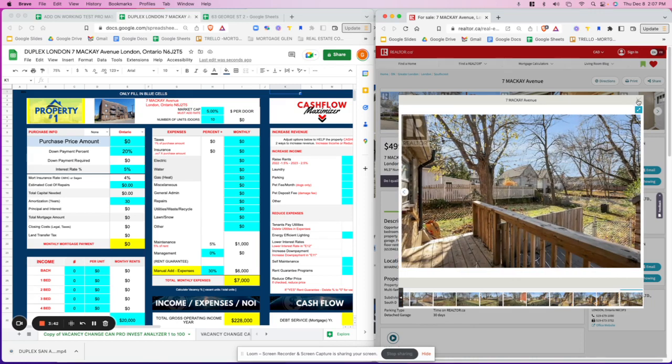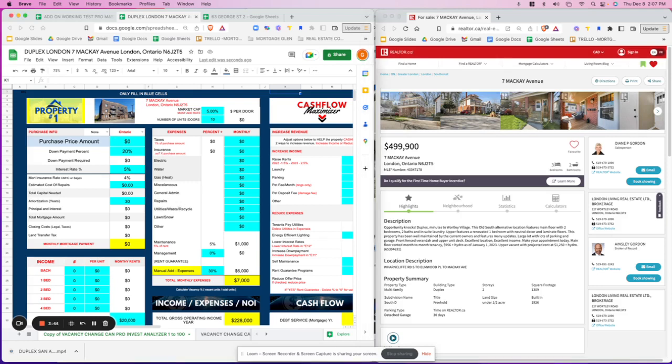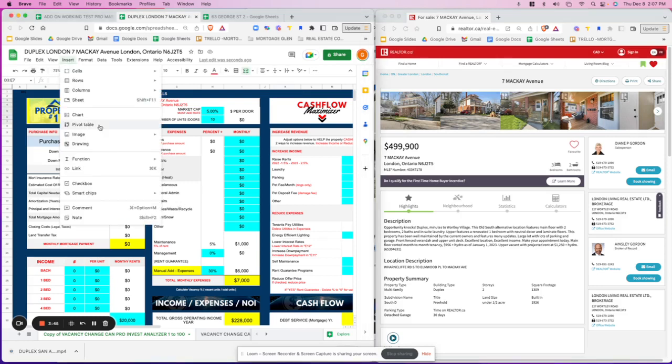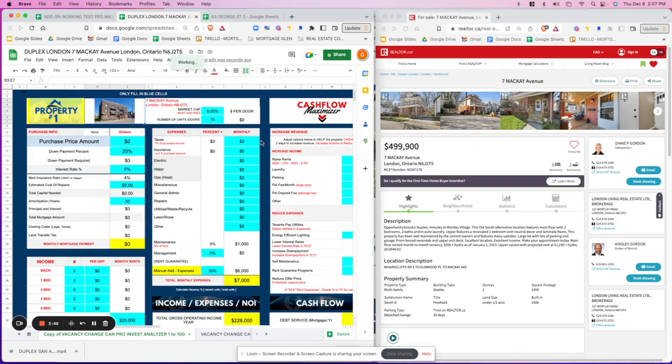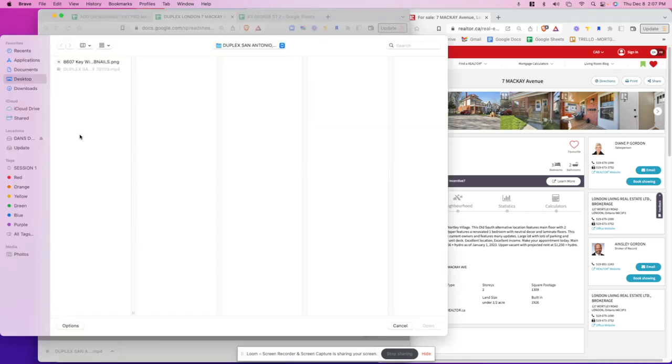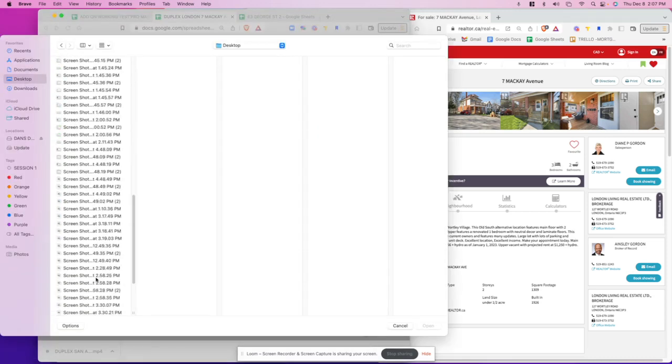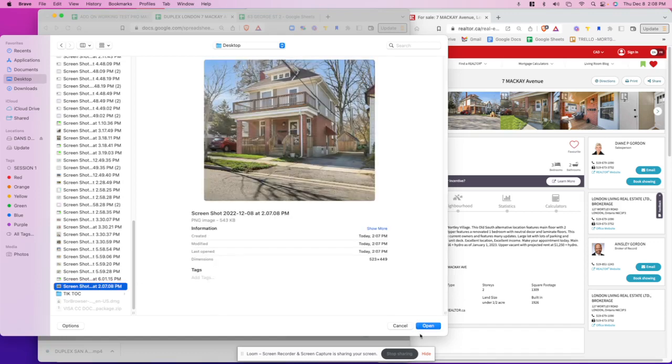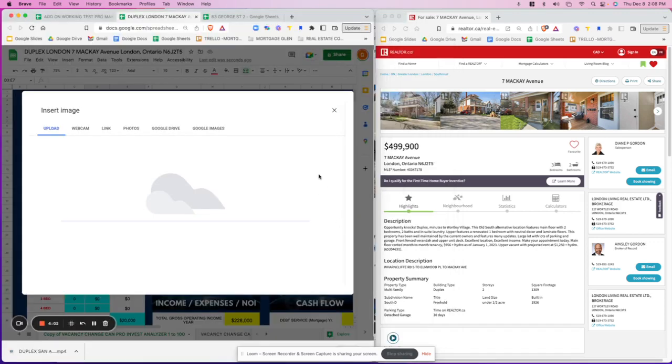Okay, so that's good enough. So I'm just going to take this picture and insert it into that cell. You can't copy and paste; you have to insert it. I saved it to my desktop, so I'm just going to find the file and place it in there. It shouldn't take more than a couple seconds, and then we're done.